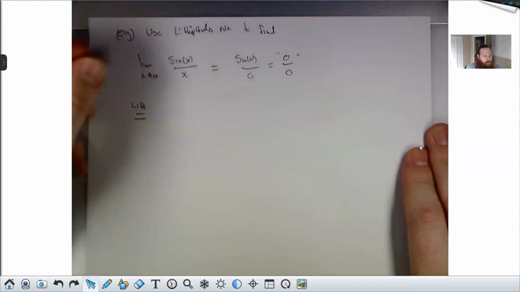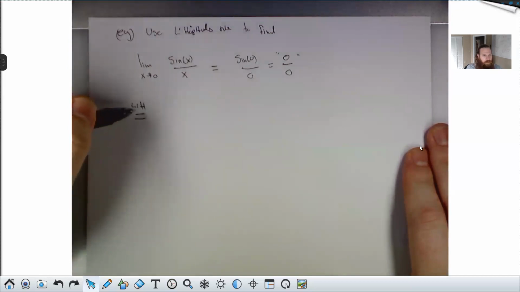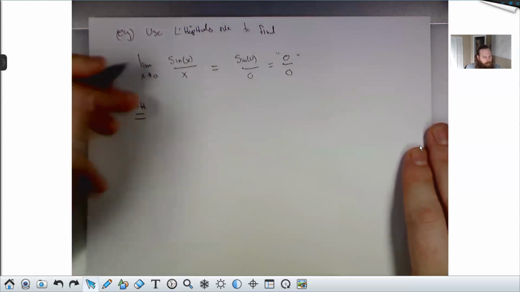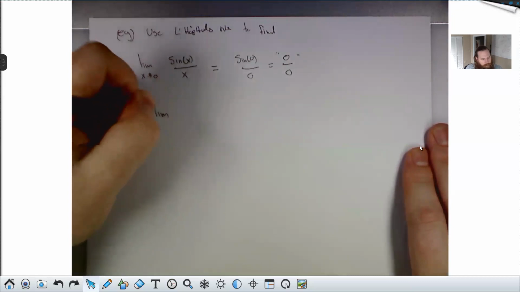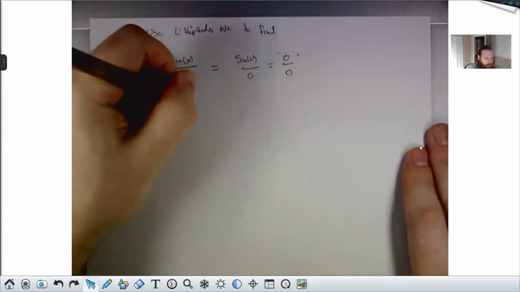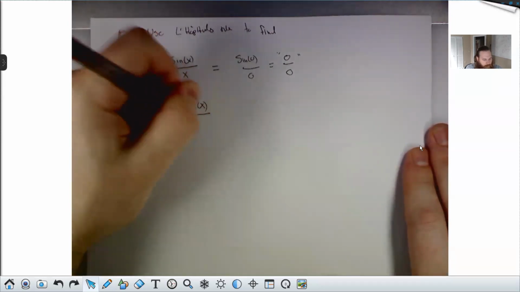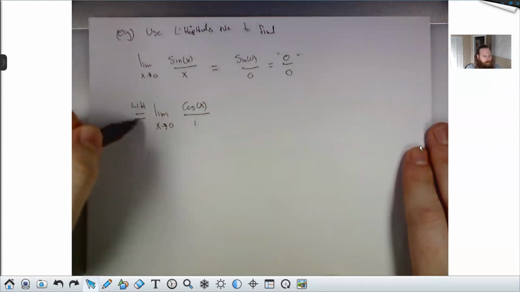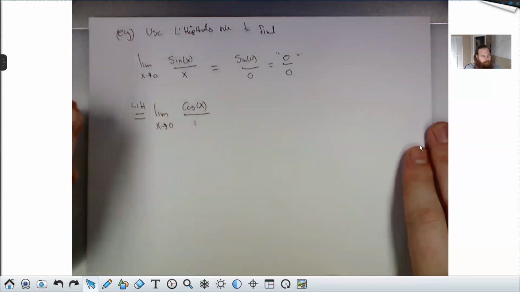And the way I like to indicate that I'm using L'Hopital's rule is a little L-H above my equals sign. So the limit above is equal to the limit as x goes to 0, I take the derivative of the top and the derivative of the bottom. And this equality is due to L'Hopital's rule. So it's nice to let your reader know where it's coming from.